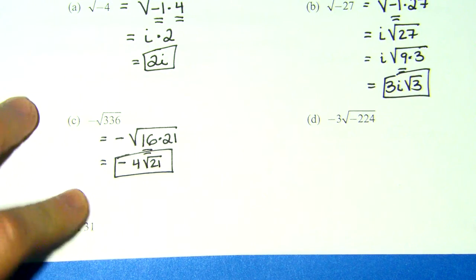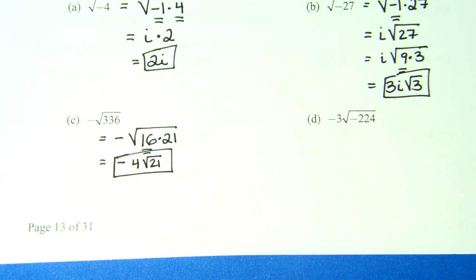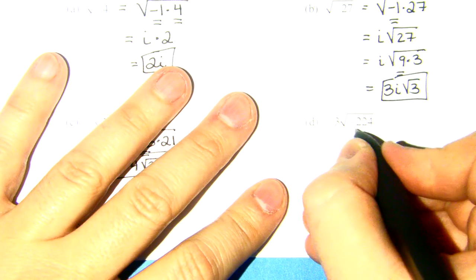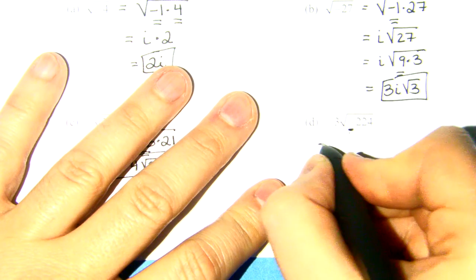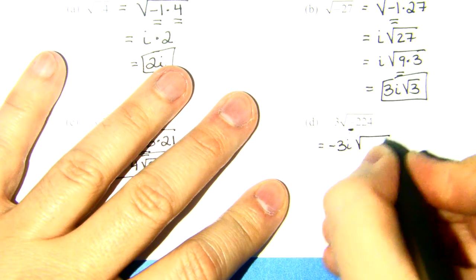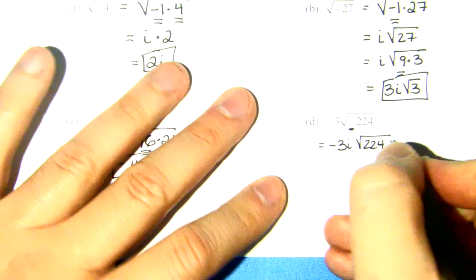In letter D, should I start D by moving an i outside the root? Here, yeah. I've got a negative outside, but that doesn't matter. I've got a negative inside. The square root of negative 1 is i, so I'm going to get negative 3i root 224.